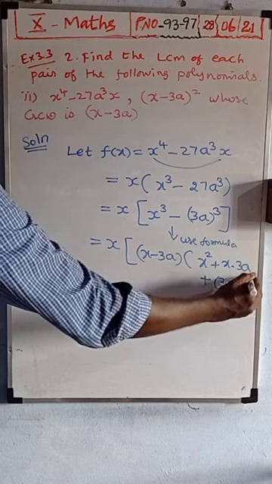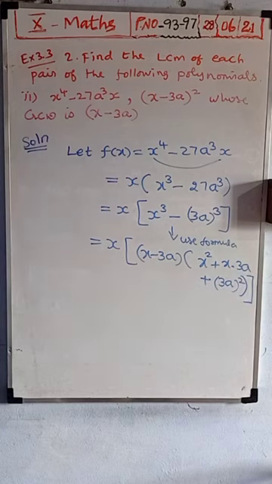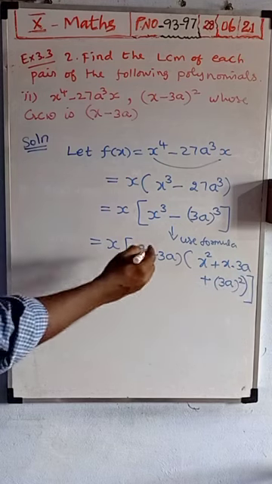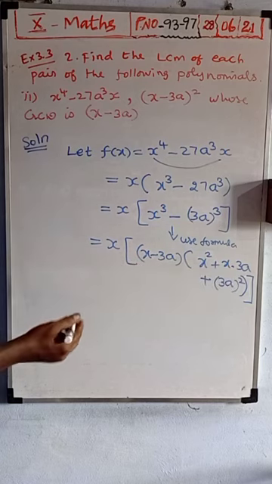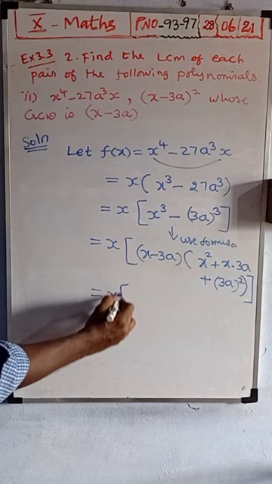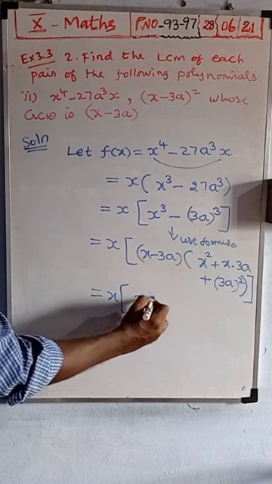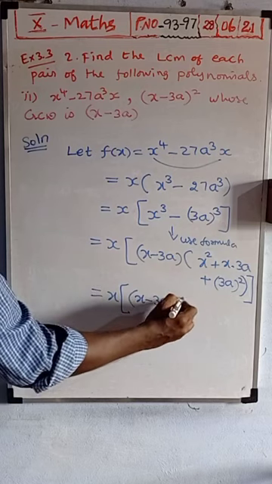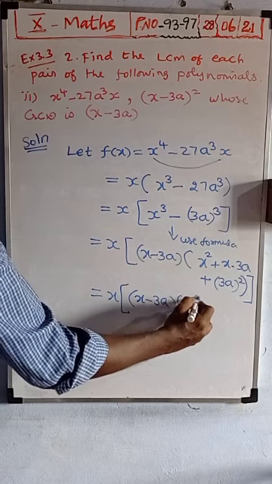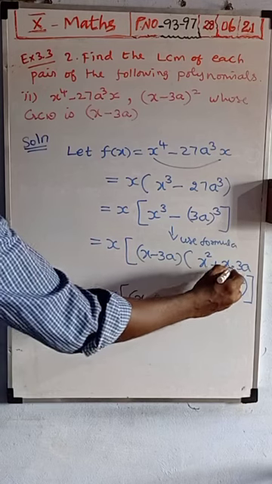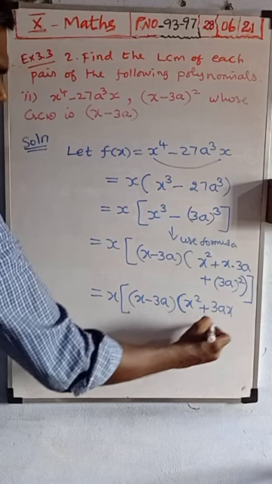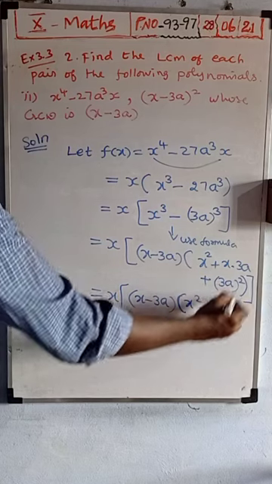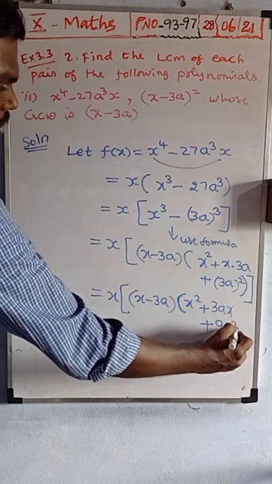So here one more bracket we want to close. Using the formula a minus b of a square plus ab plus b square, we get x of x minus 3a, then simplifying: x squared plus 3ax plus 9a squared.